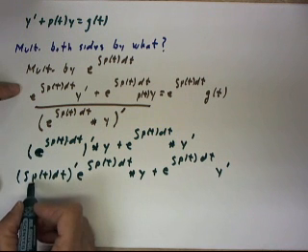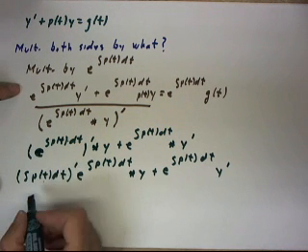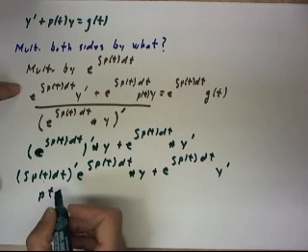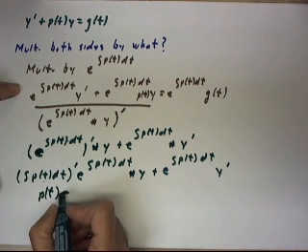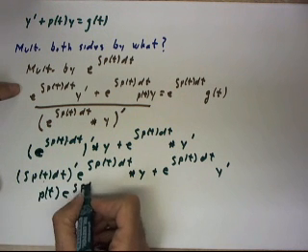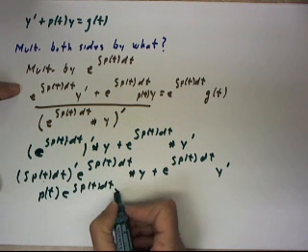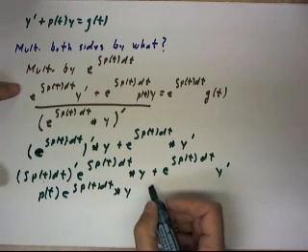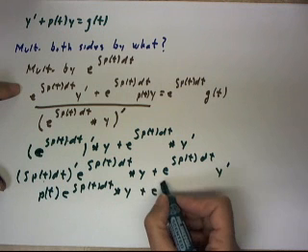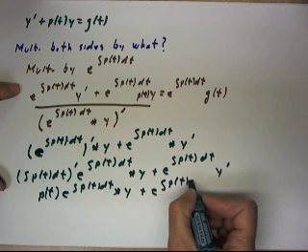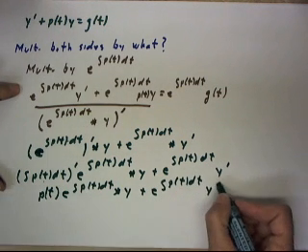Now the derivative of the integral of p of t dt is just p of t times e to the integral p of t dt times y plus e to the integral p of t dt times y prime.